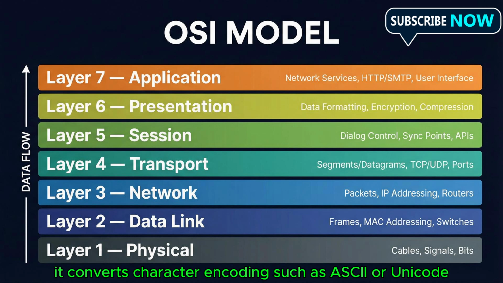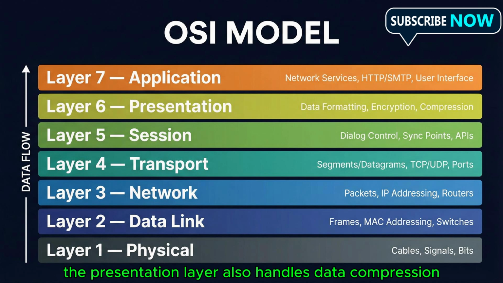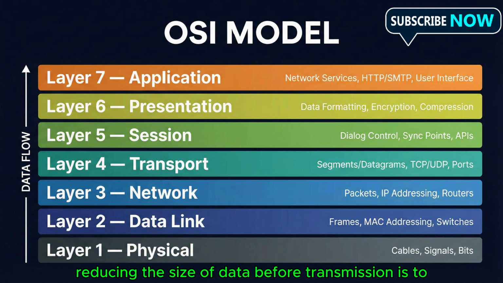For example, it converts character encoding, such as ASCII or Unicode, into a standardized format. The presentation layer also handles data compression, reducing the size of data before transmission to improve efficiency, and it handles encryption.